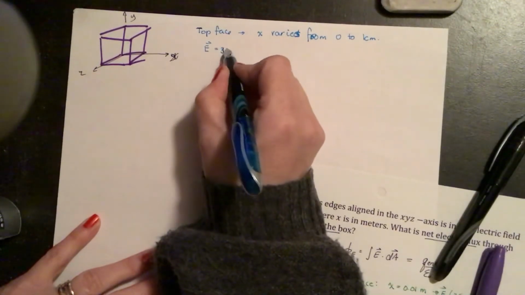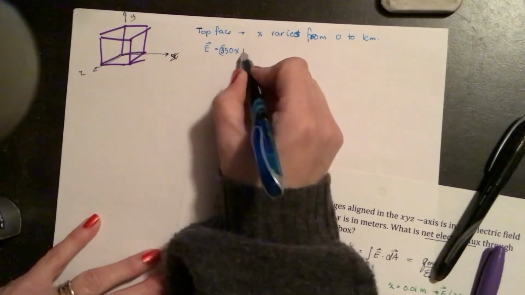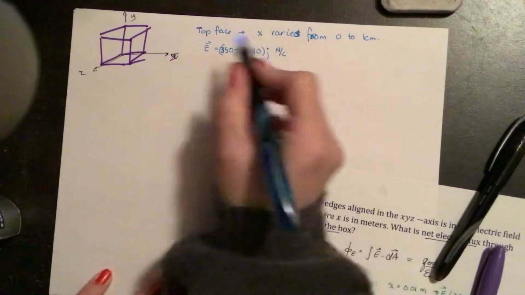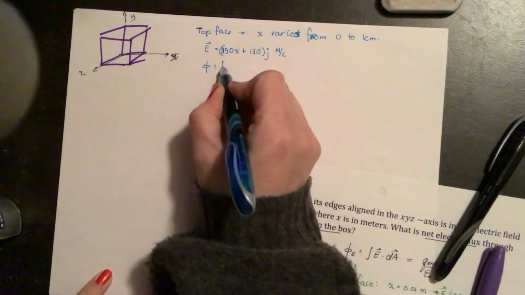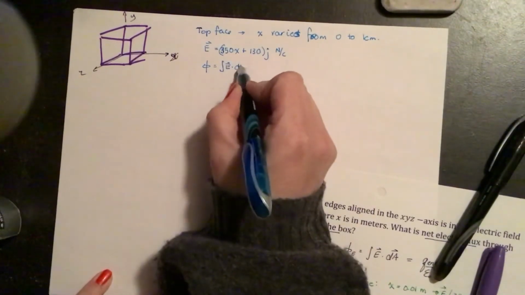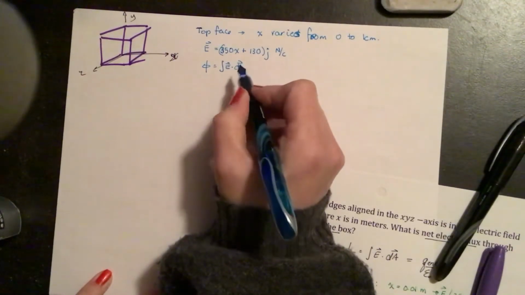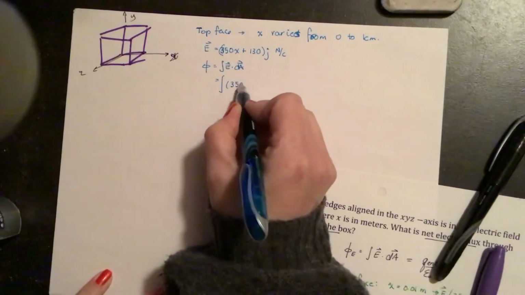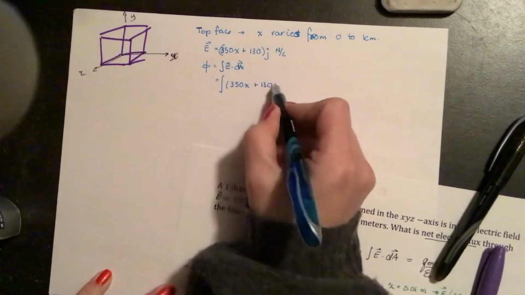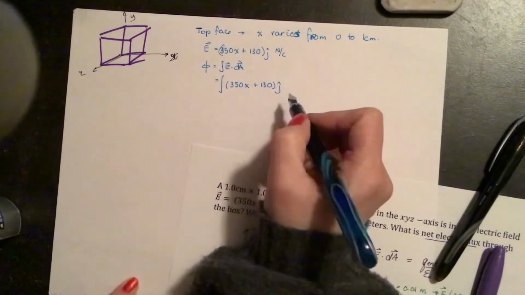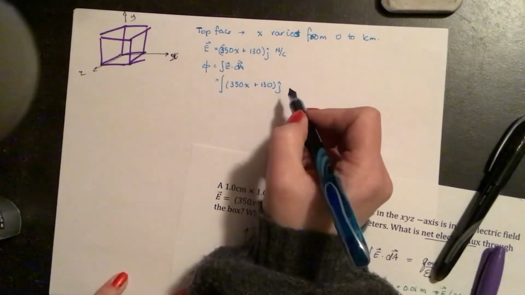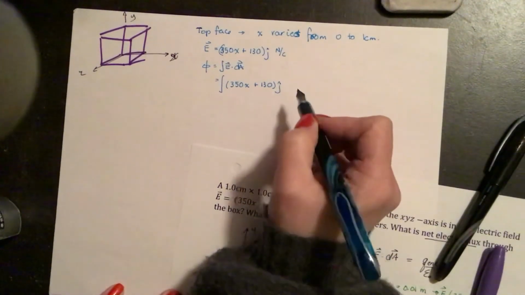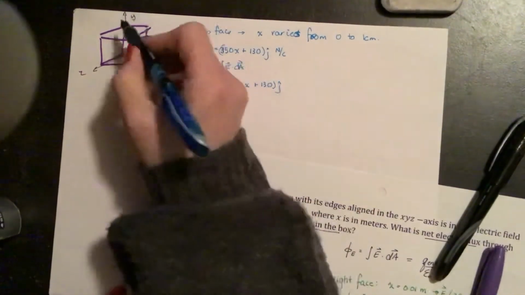I've got to stay with my 350 times x plus 130 in the j direction with units of newtons per coulomb. I'll write down my flux. Flux is the integral of E dot dA. This time my E is not constant. I cannot take it outside. I'll put my E in right here, 350x plus 130 j. I'm going to drop my units just for the sake of convenience. Okay, what about my dA? That's the hard part. dA means a little element of the area vector.